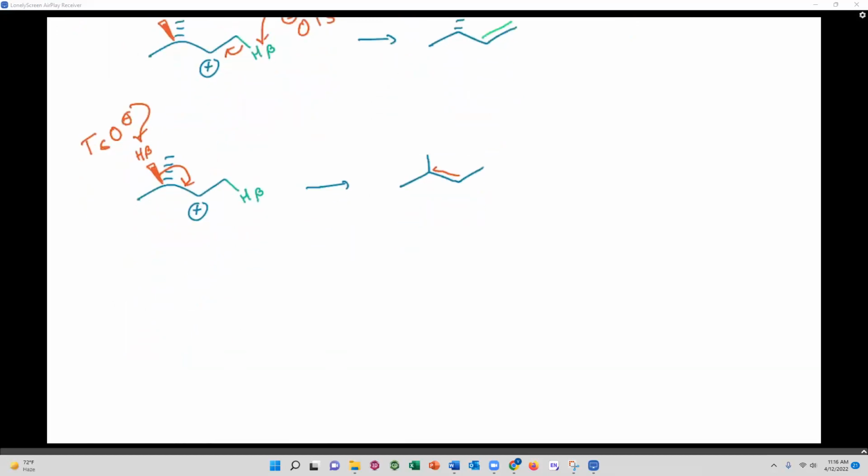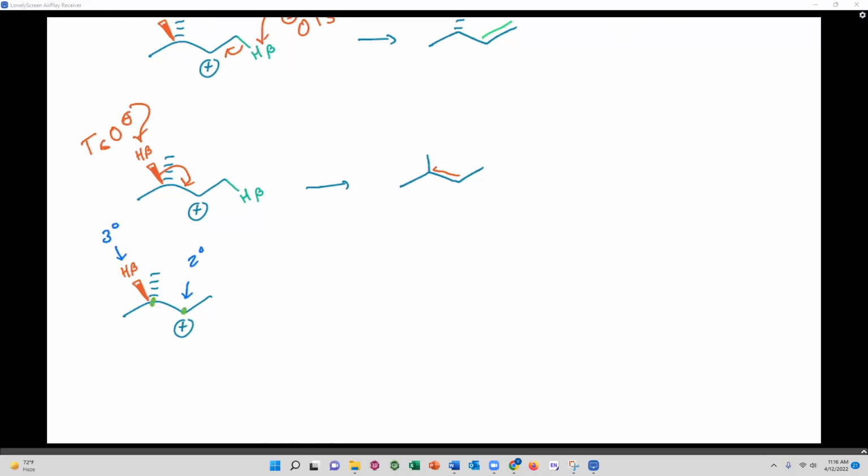But now we're going to look at a carbocation rearrangement, or look at a possibility that may happen. Okay, so when I have a secondary carbocation next to a tertiary hydrogen, and I mean next to, in other words, I mean that the two carbons are adjacent.